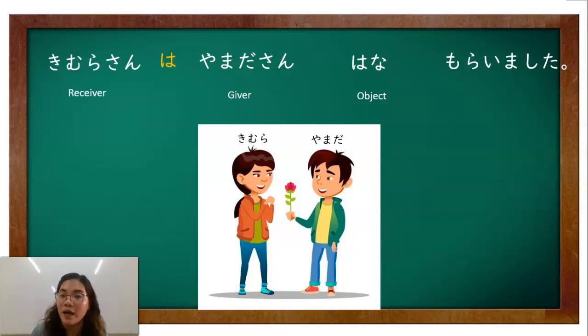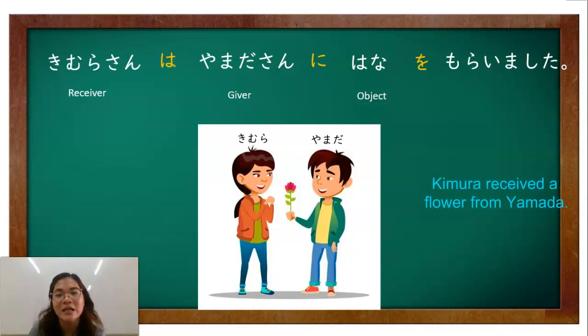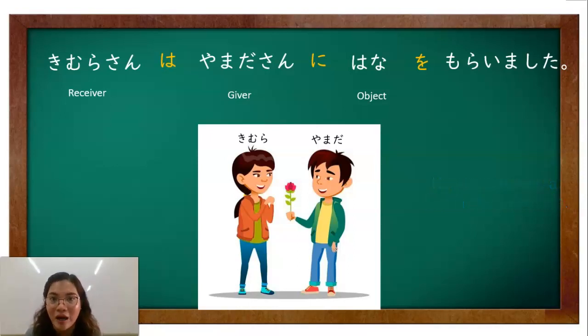Ang nagbigay, particle ni, which is Yamada-san. And ang ibinigay is hana. So that makes the sentence: Kimura-san wa Yamada-san ni hana o moraimashita. Again, Kimura-san wa Yamada-san ni hana o moraimashita. So that means, nakatanggap si Kimura ng bulaklak kay Yamada.